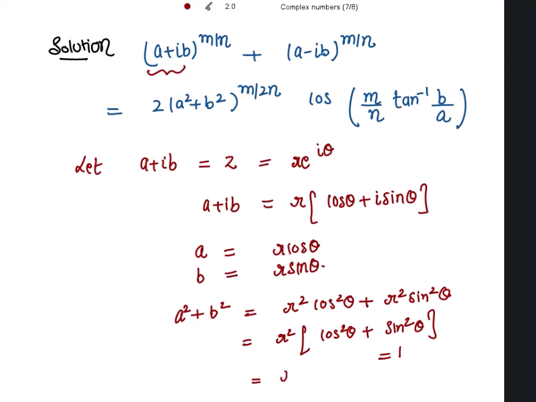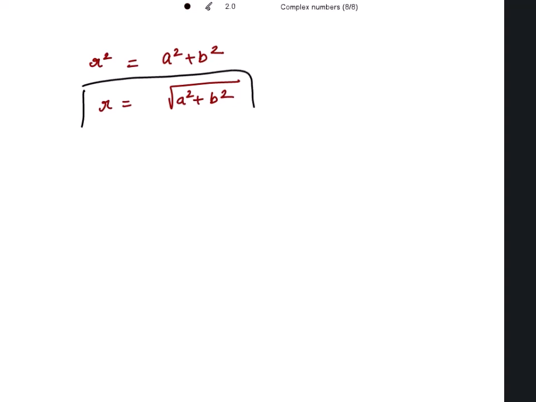So I'm getting r square over here. That is, r square is equal to a square plus b square, or r is equal to the square root of a square plus b square.